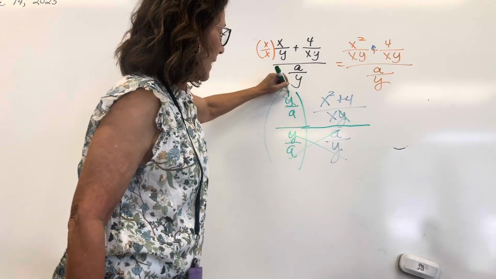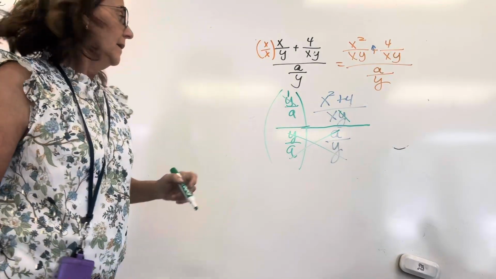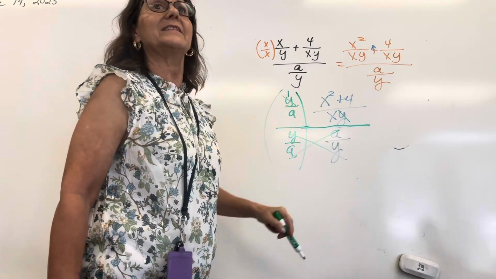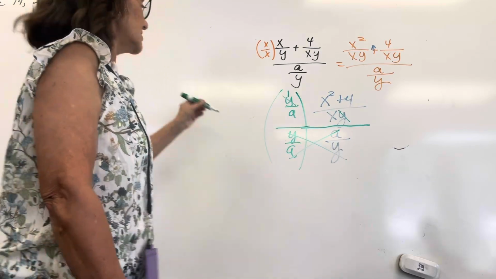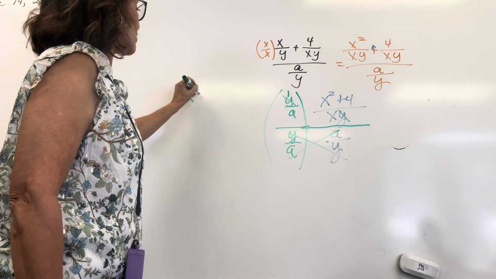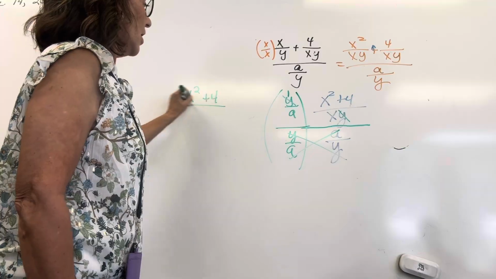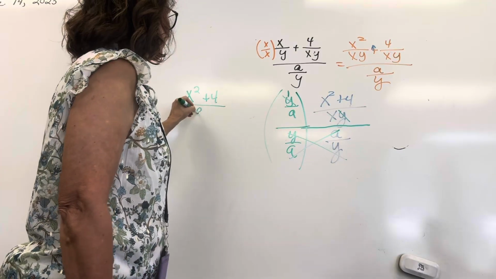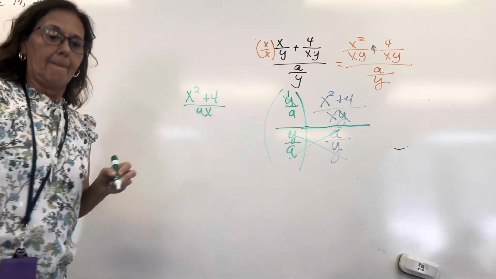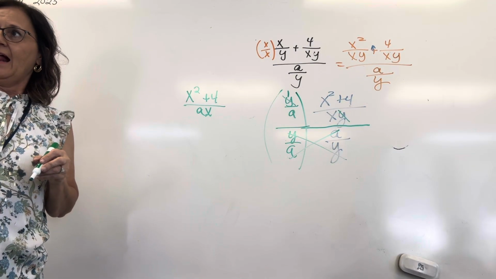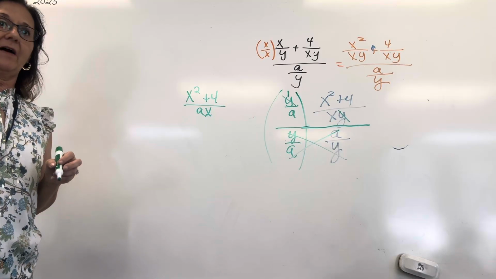And then you leave a 1. All right, so 1 times anything is the other thing. So in my numerator, I'm left with x squared plus 4 over a times x. And that is simplified.